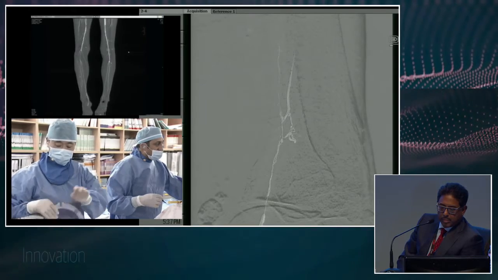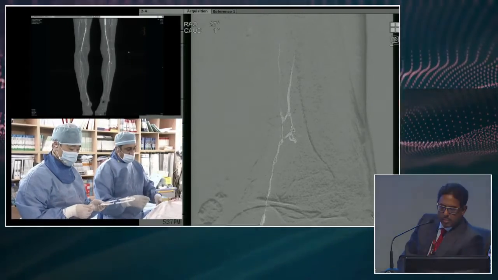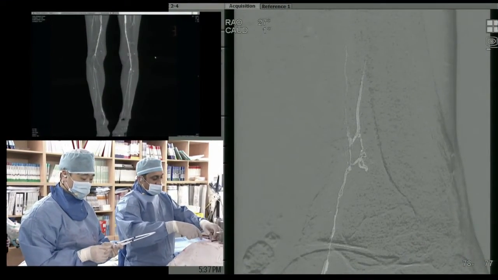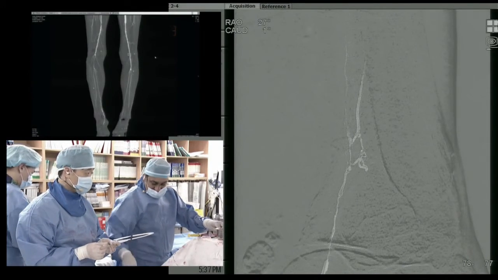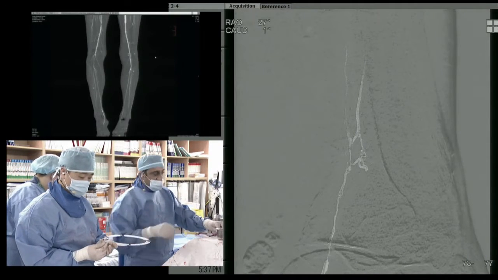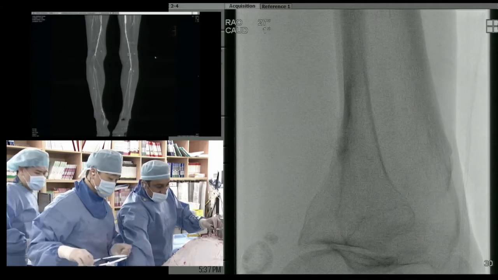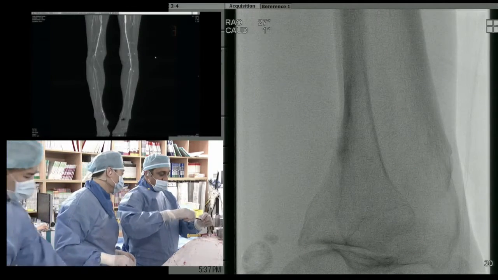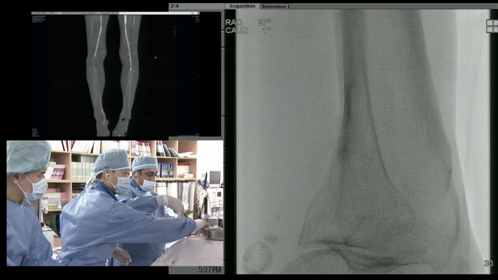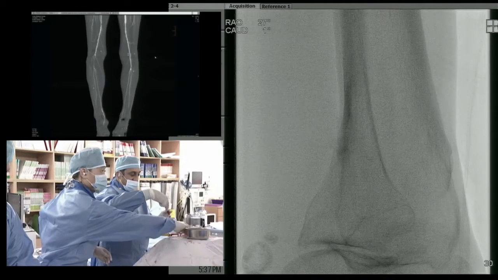Yeah. Exactly. We're going to switch to a Regalia wire here, and then I think pretty soon after that we'll have to get pedal access because this is not going anywhere. Get a 3cc syringe here. It was a little deceptive right from the start.